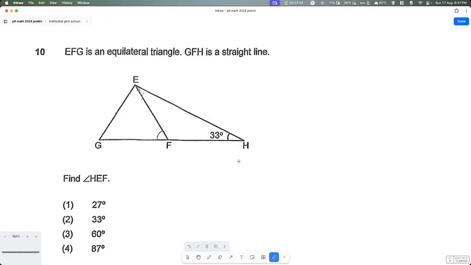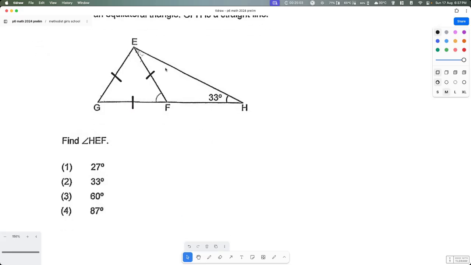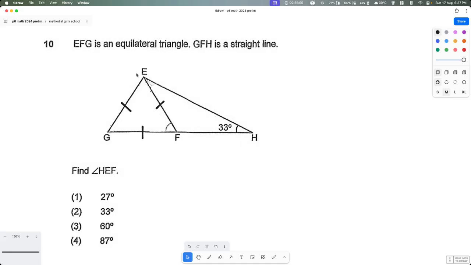Question number 10. EFG is an equilateral triangle. So E, F, and G. GFH is a straight line. Find angle HEF. Let me make it red over here, like this. Okay, so we know that this is 60 degrees, right?